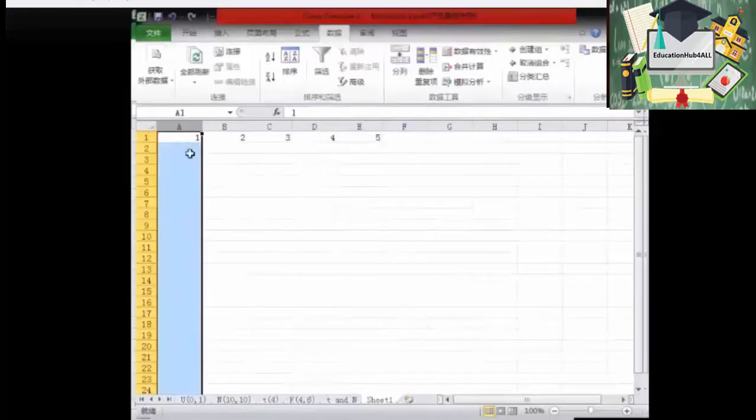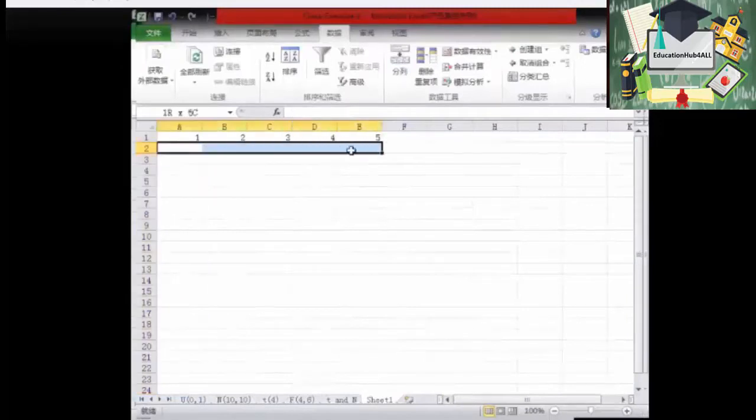This is sample 1, 2, 3, 4, 5, and this needs to replicate 100 times. If we have a random number here, that's just one set, like one experiment, we have 5 observed data, but in total we have 100 because we want to see the distribution of the sample mean.